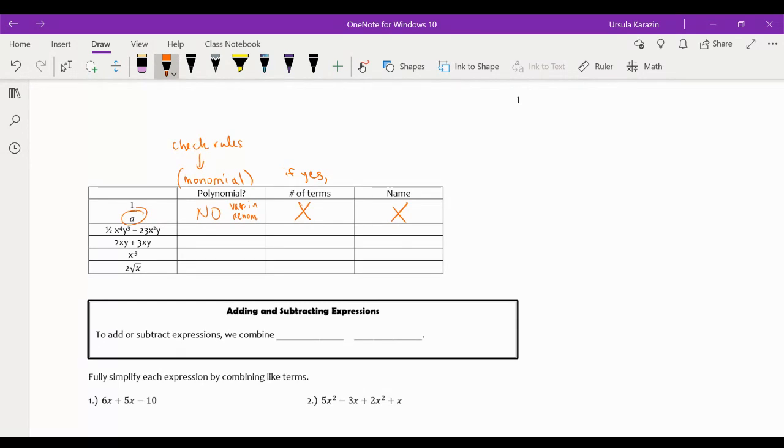All right, the next one. We got 1/2 x to the fourth y to the third minus 23x squared y. Does it break any of the rules? All right, there isn't a variable in the denominator. Doesn't break that rule. There isn't a variable under a radical, so it does not break that rule. And there isn't a variable with a negative exponent, so it doesn't break that rule. Since it doesn't break any of the three rules, it's a monomial or a polynomial.